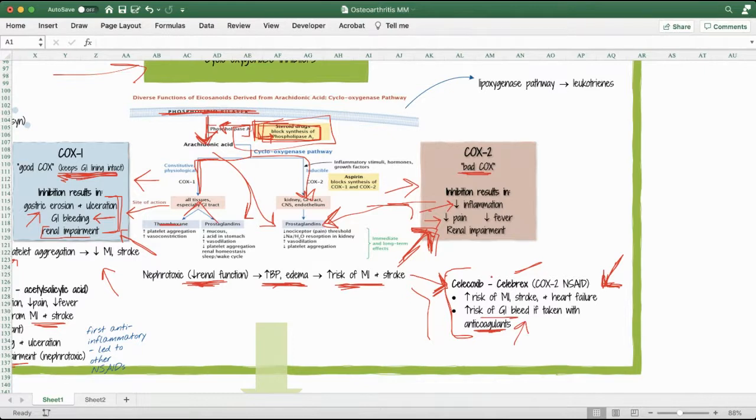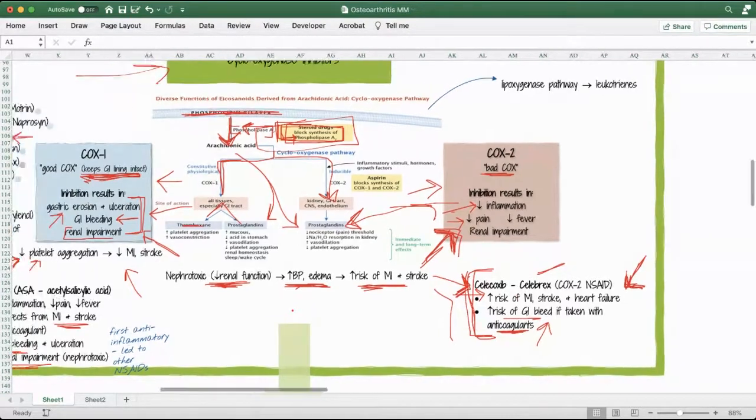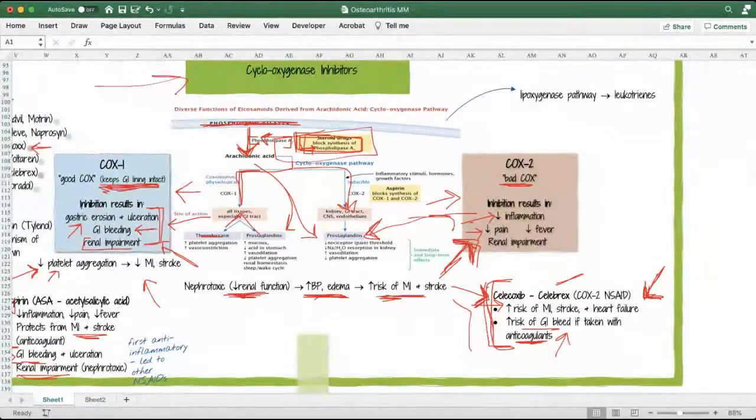So in terms of your exam, really remember about Celebrex is this high risk of MI and stroke, but that it gives you the anti-inflammatory results that you want without the GI problems that you have with a COX-1 inhibitor.